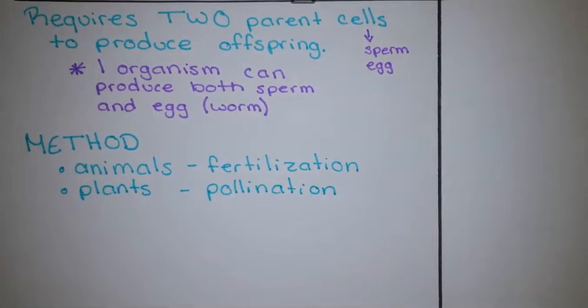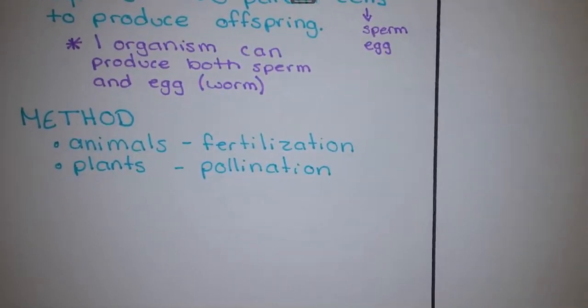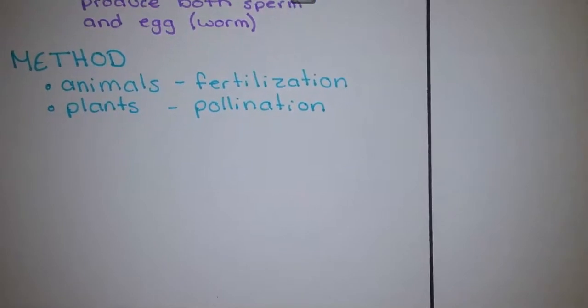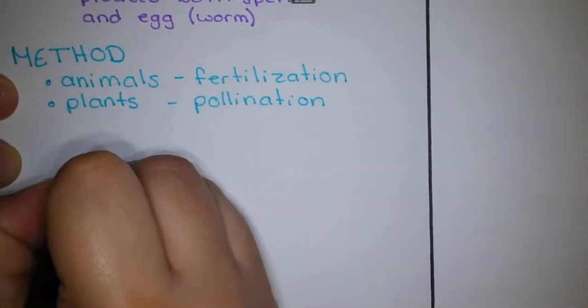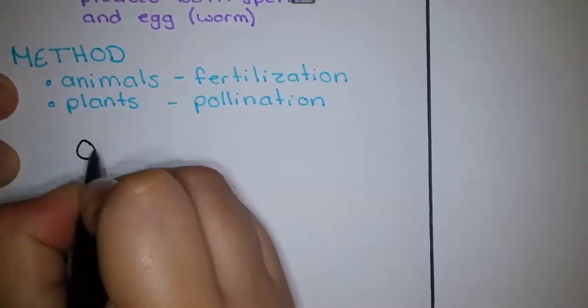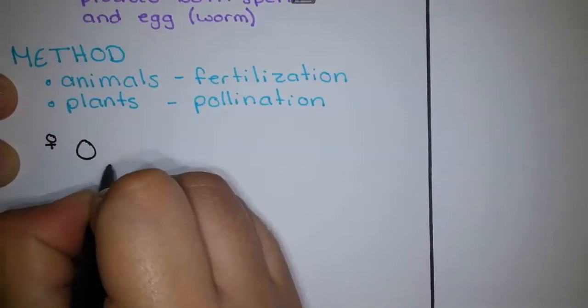So how does this look? Well, we have our, I'm going to move it up. Okay, we have our egg cell. Remember, this is our female. Okay, we have our egg cell.